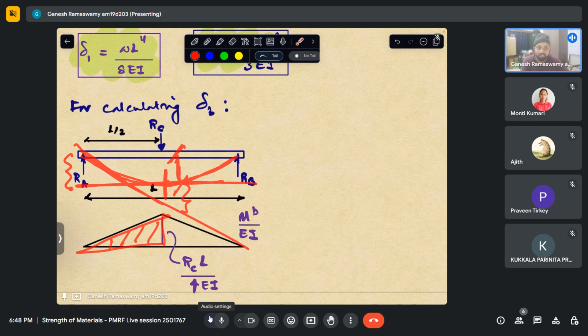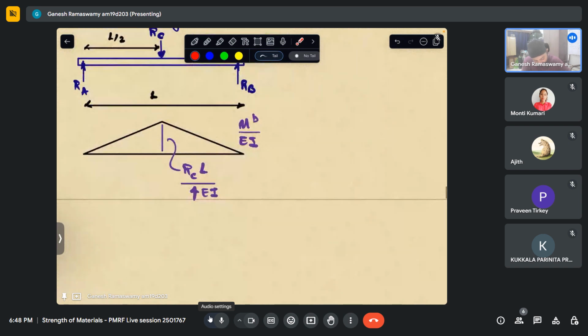The sum and substance of this is that I actually need to take the moment of this area of the M by EI diagram about this point instead, rather than the center point. Because if I were to do it about the center, I need to go for 2 steps. Rather, by exploiting the symmetry of the problem, if I take the moment about this end, then I will get the deflection at the center at once.